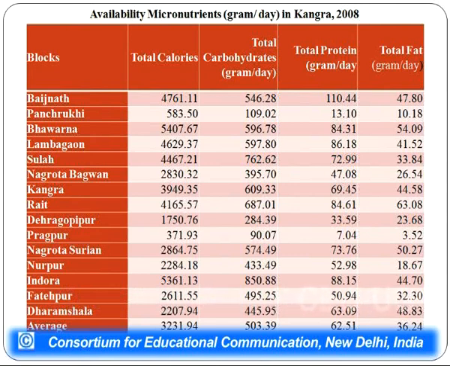Through the diagram, we have blocks and then availability of micronutrients, gram per day. You can see total fat, gram per day, total protein, gram per day, total carbohydrate, and total calorie. And you see Baijnath is one of the highest and is located in a high hilly area.